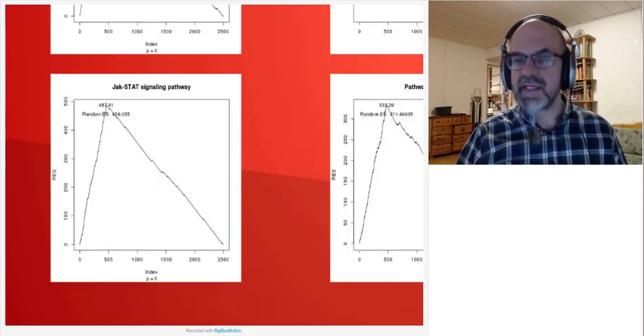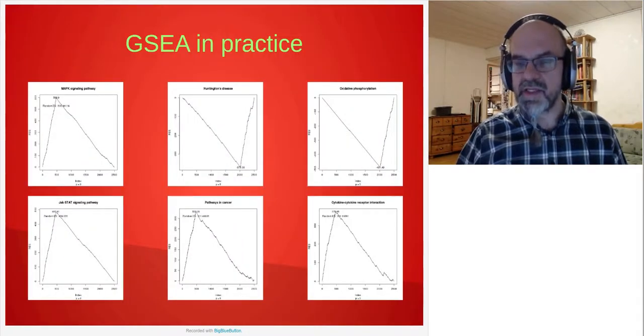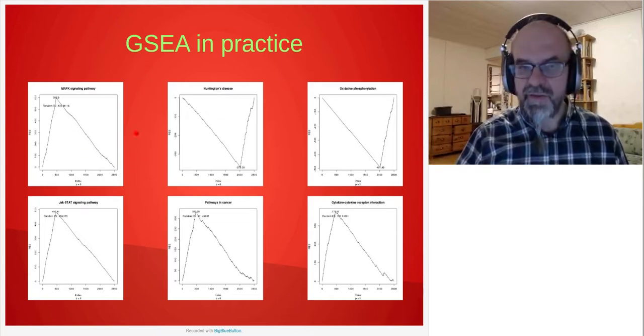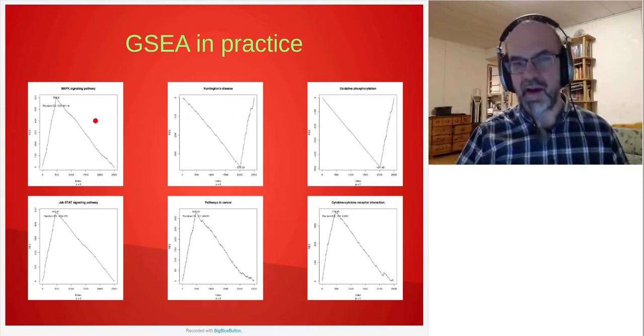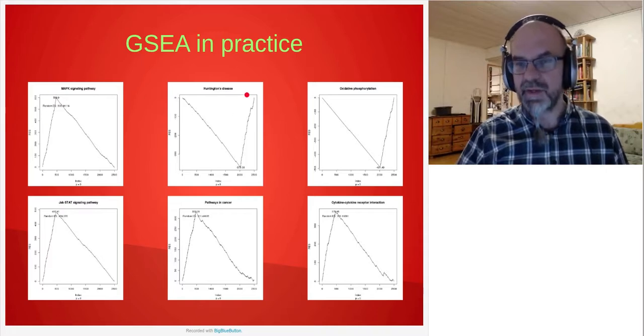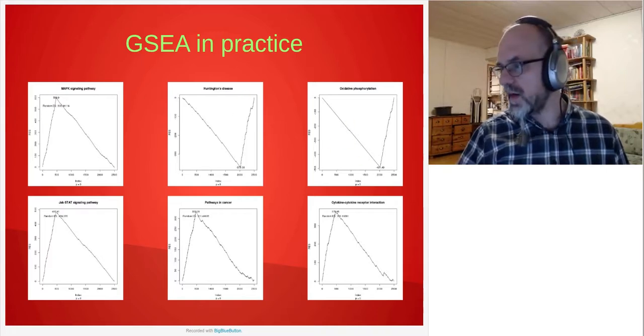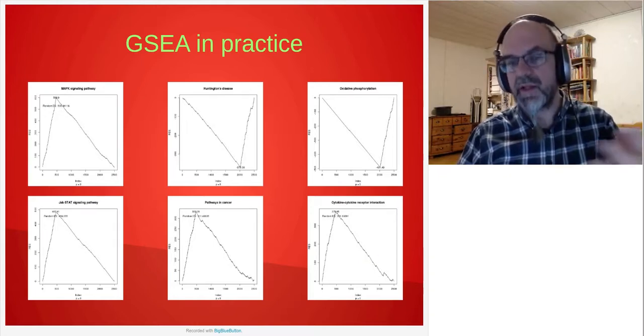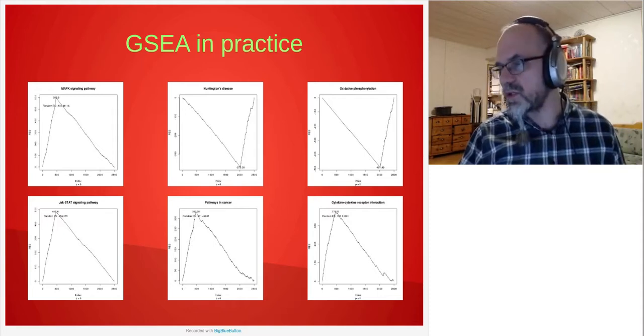Okay, so basically what you will get is such a graph for each and every term you have tested. Just by visual inspection you can identify cases when some term is associated only with the upregulated or mostly with the downregulated genes.